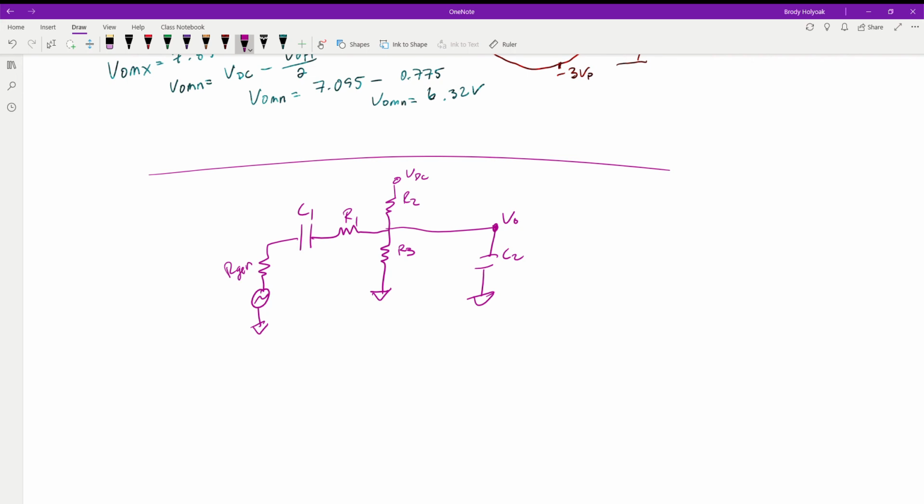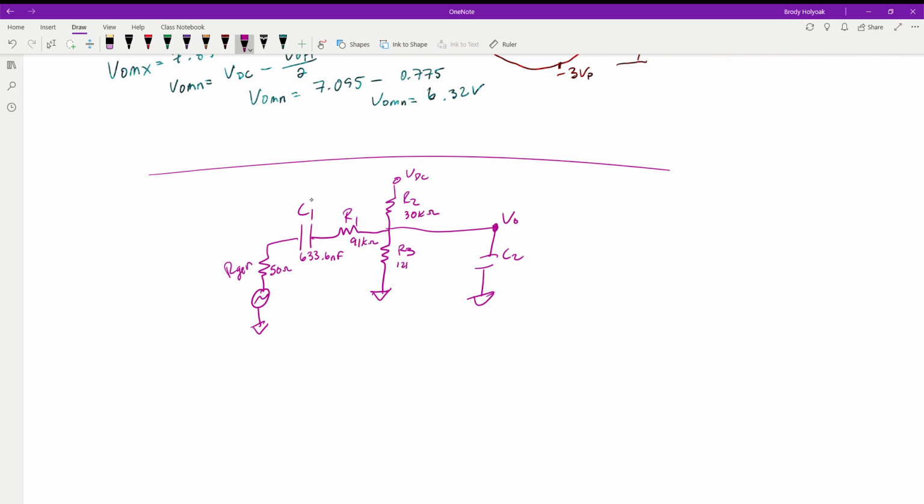All right, so let's put some values in this guy. So Rgen is 50 ohms. Capacitor 2 is 633.6 nanofarads. R1 is 91 kiloohms. R2 is 30 kiloohms.